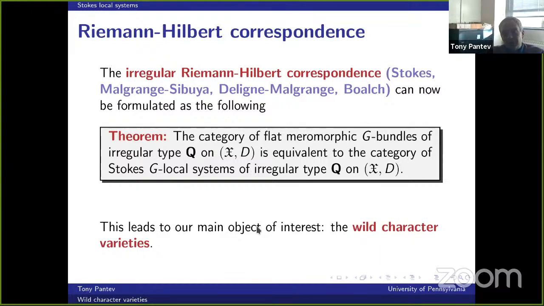It can be formulated by saying that the category of flat meromorphic G bundles of irregular type Q, so this is the de Rham side, is equivalent to the category of Stokes G local systems of irregular type Q. These are the Betti objects that I just described in the previous definition. And these Stokes G local systems of irregular type Q are the objects that I would like to study. They give rise to the wild character variety.